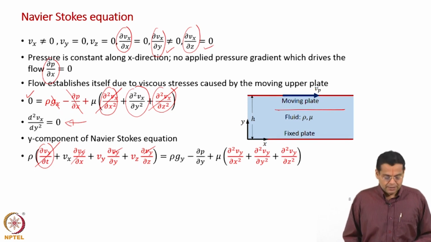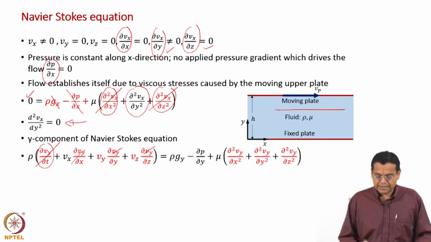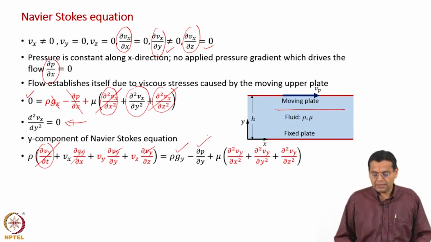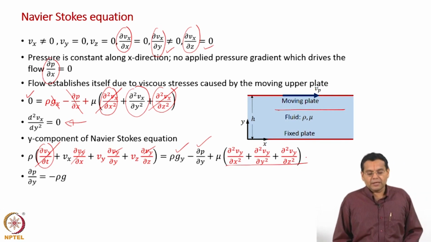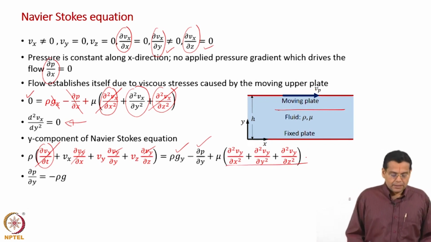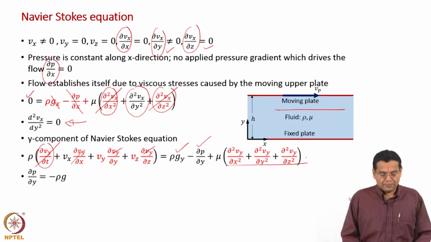Now, on the right hand side we do have rho g y because gravity acts in the y direction, and because of that there is a pressure gradient. And what happens to the viscous term? V y is 0. So, all of them vanish. So, the y component of the Navier-Stokes equation simplifies to the equation which we discussed for fluids at rest.